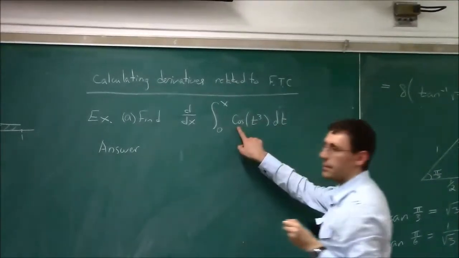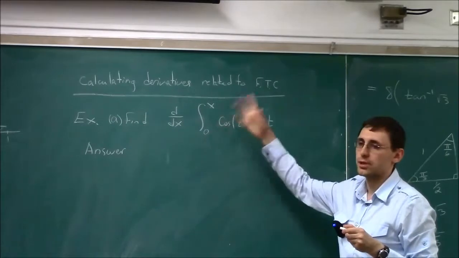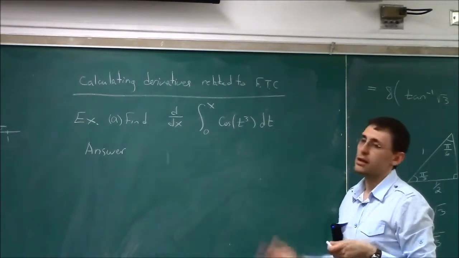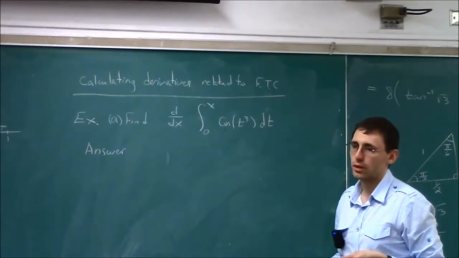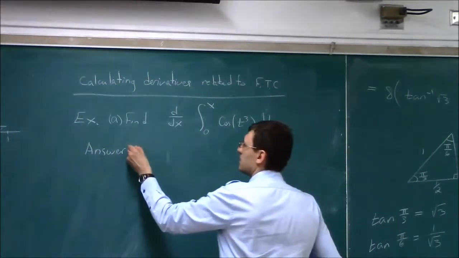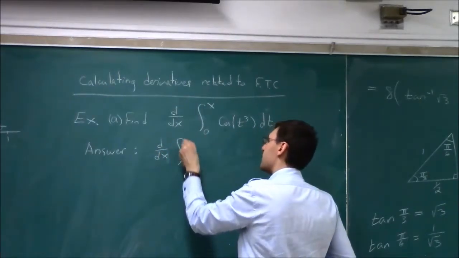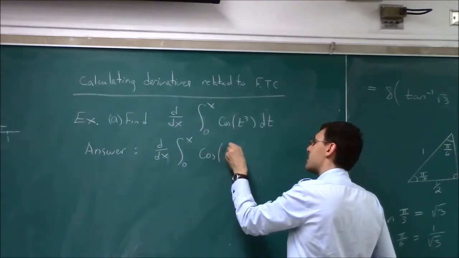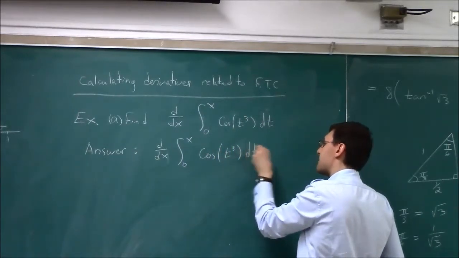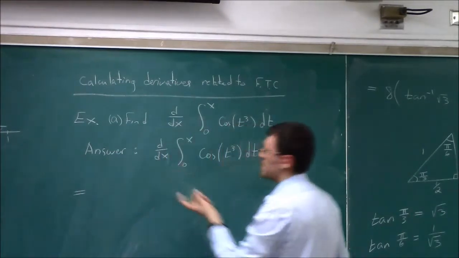Nothing to worry about. The function we're integrating is continuous everywhere, in particular continuous from 0 to x. So if you look through the argument of the fundamental theorem of calculus, it should work, right? So what's the derivative? What is the answer?